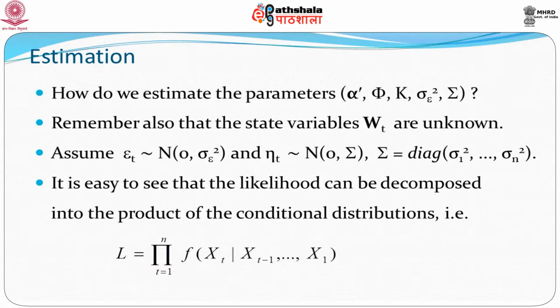We will see that the likelihood can be decomposed into the product of the conditional distribution. That is, we have a joint distribution which is f x1, x2, xn, but what we will do is we will start with f x1 into f x2 given x1, f x3 given x1 and x2, etc. So, in general it will be f xt given x1 to xt minus 1, that is given the past, and since we are looking at a time series which is causal, we will be primarily looking at this sort of a distribution.